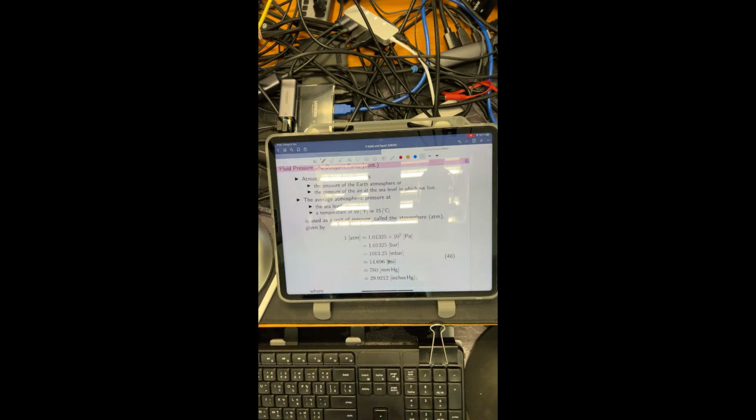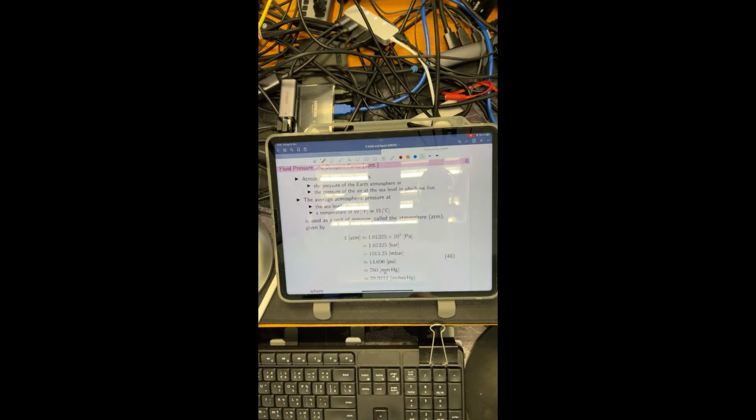Is it understandable? And if you want to measure it with respect to the mercury height, Hg is mercury, we would say 1 atmosphere is equal to 760 millimeters mercury. Millimeter is the unit everywhere in the world.